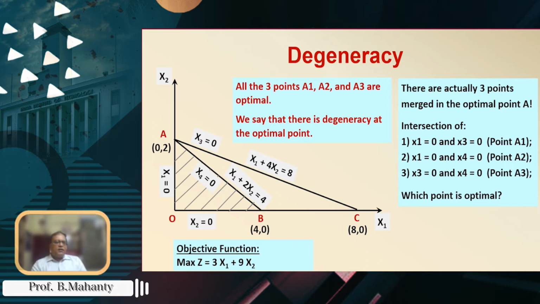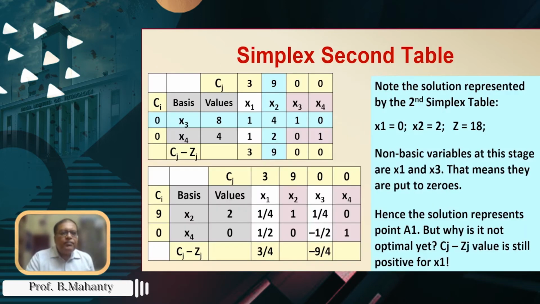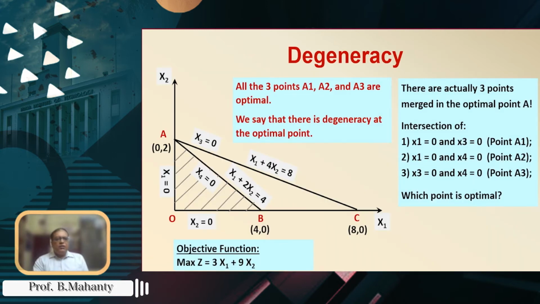So what exactly has happened? We have got x4 equal to 0 and x2 equal to 2. That means x1 and x3 are non-basic variables, and x1 and x3 have been put to zero. So you see, we are really at point A1.